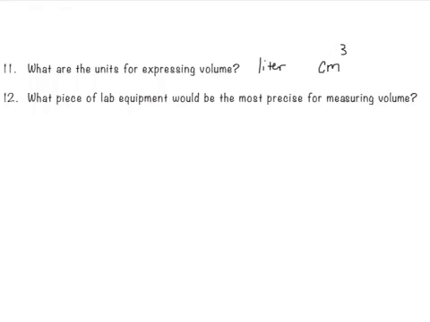If you're given a list, you basically want to look for the one that has the smallest unit markings on it, the smallest graduates. So, for example, a graduated cylinder would be more accurate than a beaker, but something like a burette or a pipette would be more accurate than a graduated cylinder. So it just depends on what ones you're given.